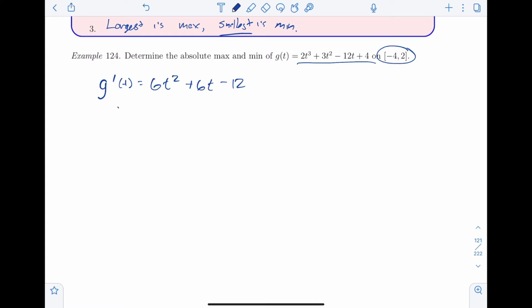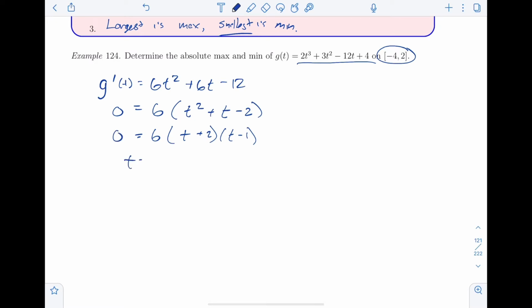And let's set that equal to 0 and go ahead and factor out the 6. And that gives me t squared plus t minus 2, which is t plus 2, t minus 1, which means that t is -2 and +1. Those are my critical points.